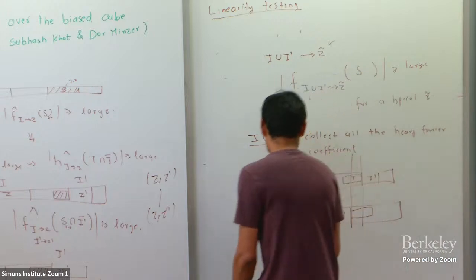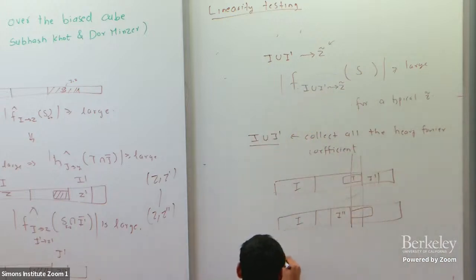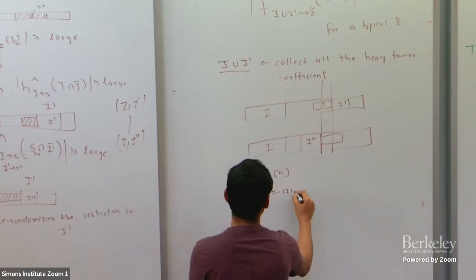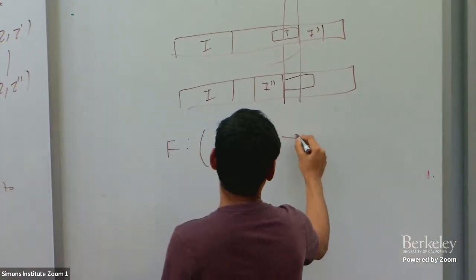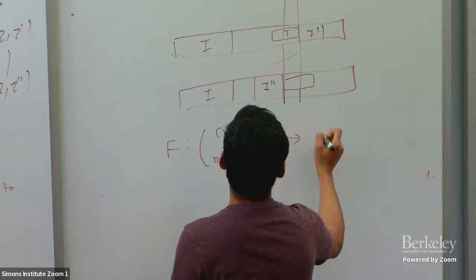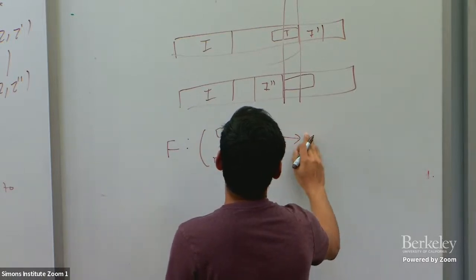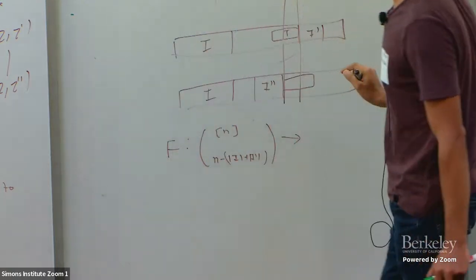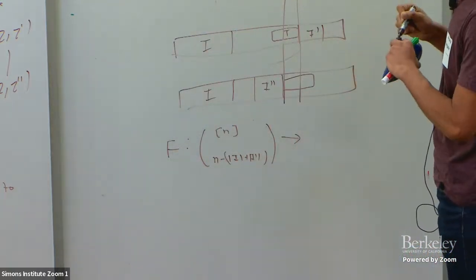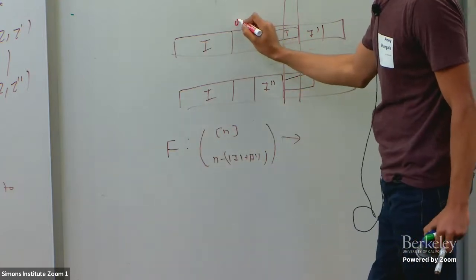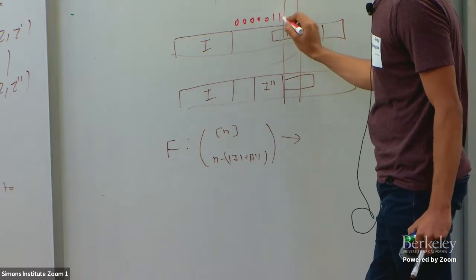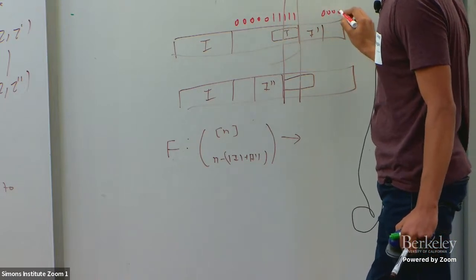So how is that? So I can define a function on n choose n minus the size of I prime to... so all I want to do is define a map which is basically 0 everywhere and then 1 on the heavy Fourier coefficient and 0 everywhere.